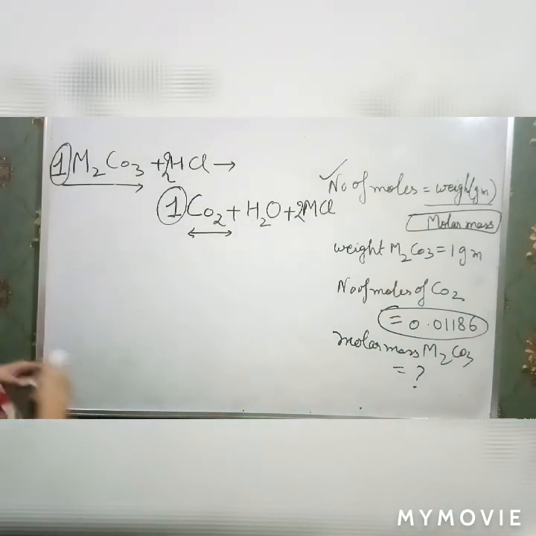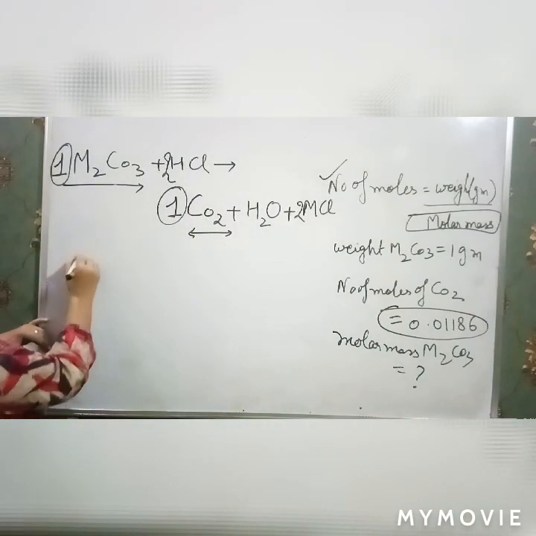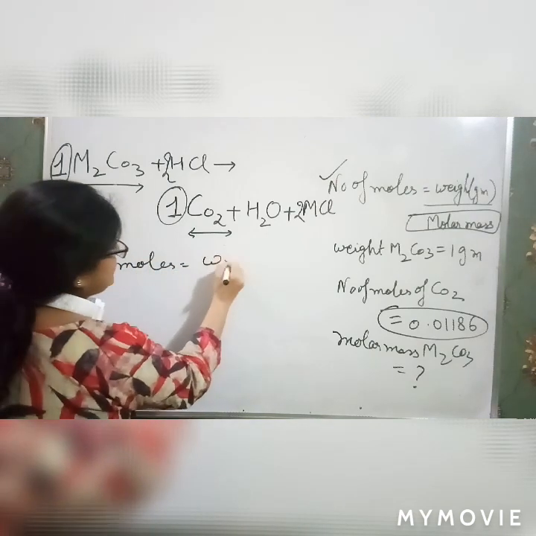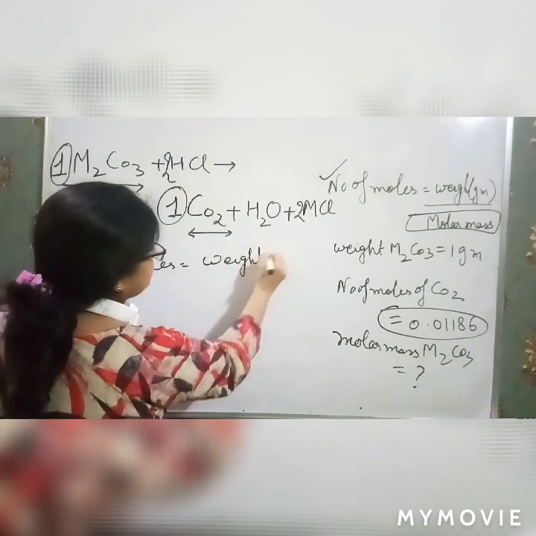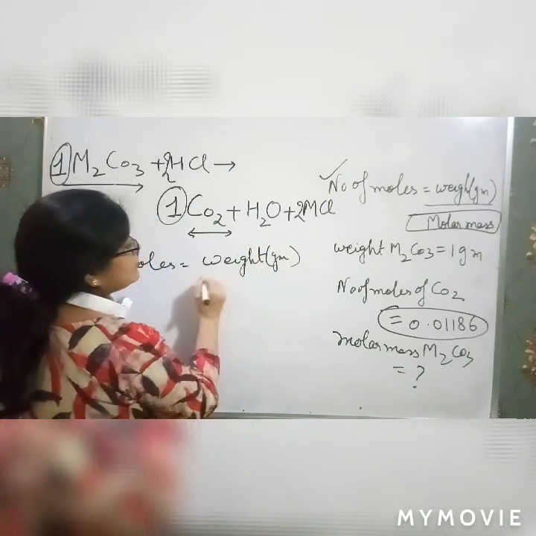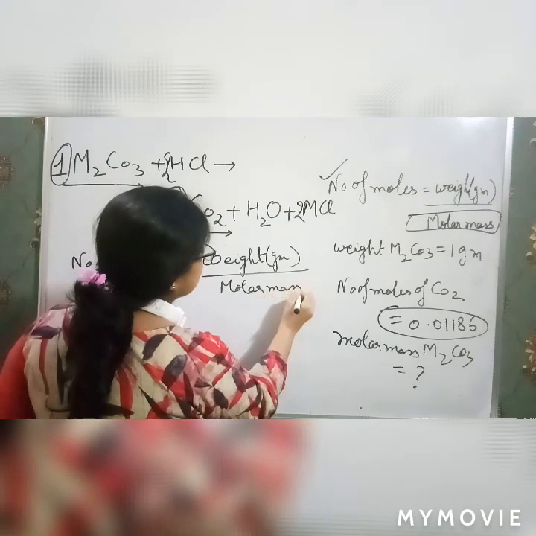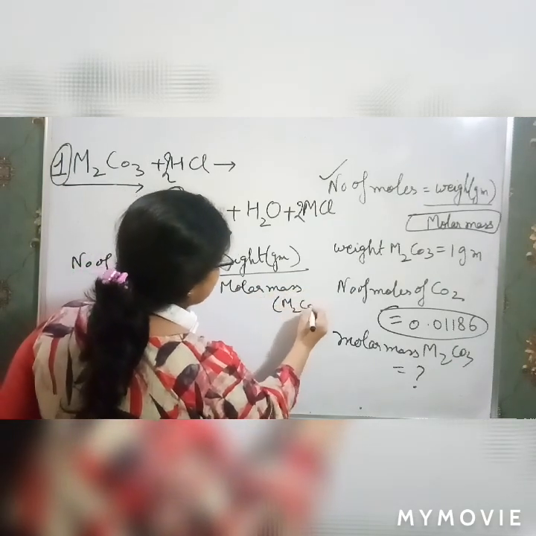So now use the formula: number of moles is equal to weight in gram over molar mass. What is the molar mass? Here it is the molar mass of M2CO3. Okay.